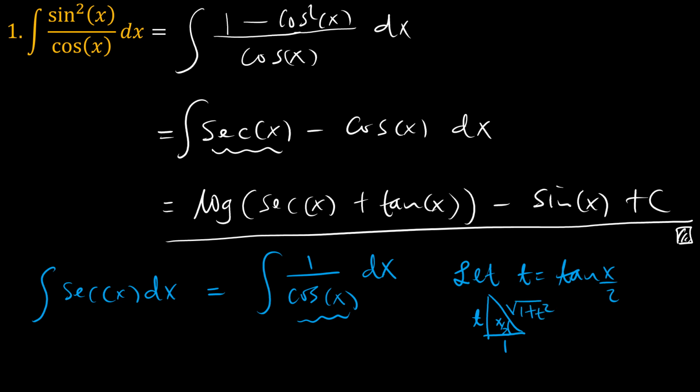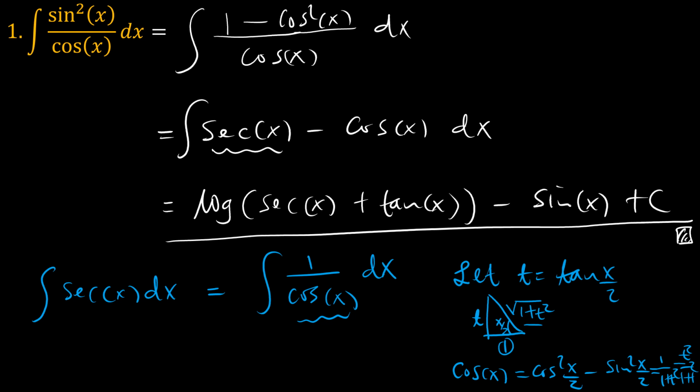the square root of 1 plus t squared, such that cosine of x, which is cosine squared of x over 2 minus sine squared of x over 2, is equal to 1 over 1 plus t squared minus t squared over 1 plus t squared.